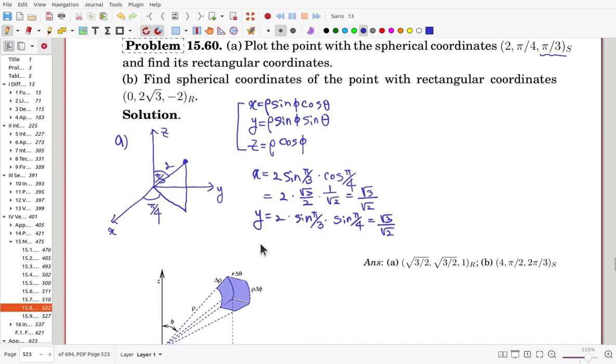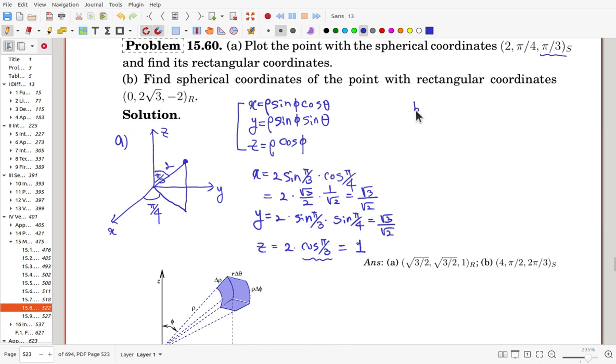And how about z? Z is rho cosine phi, 2 times cosine, and phi is pi over 3. Cosine pi over 3 is half, so z must be 1. Right?